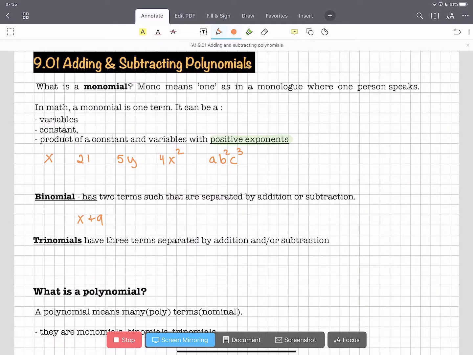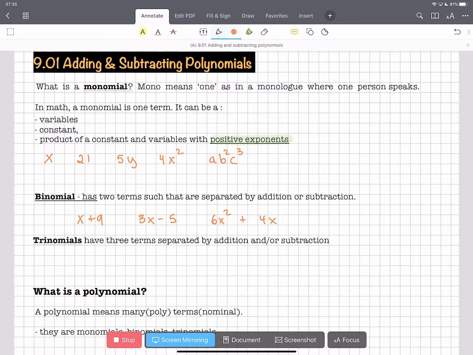Could be something like 3x minus 5. Could be something like 6x squared plus 4x. Those are all binomials. Each one consists of monomials separated by addition or subtraction.